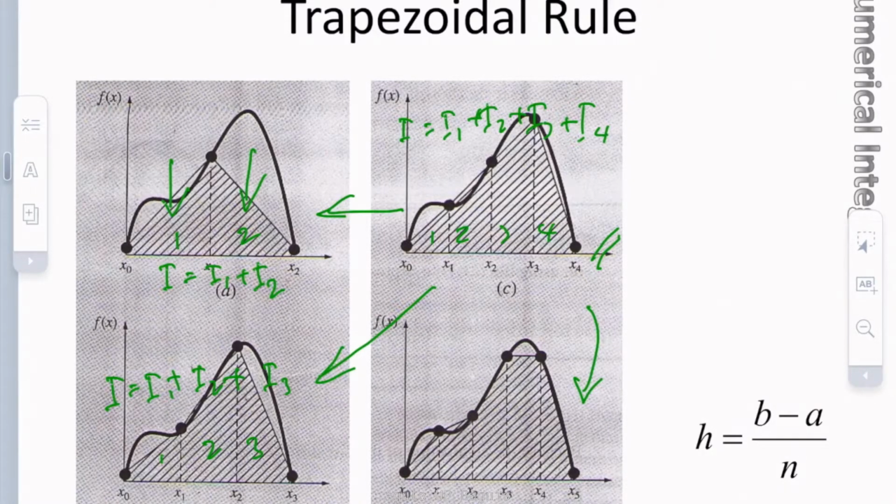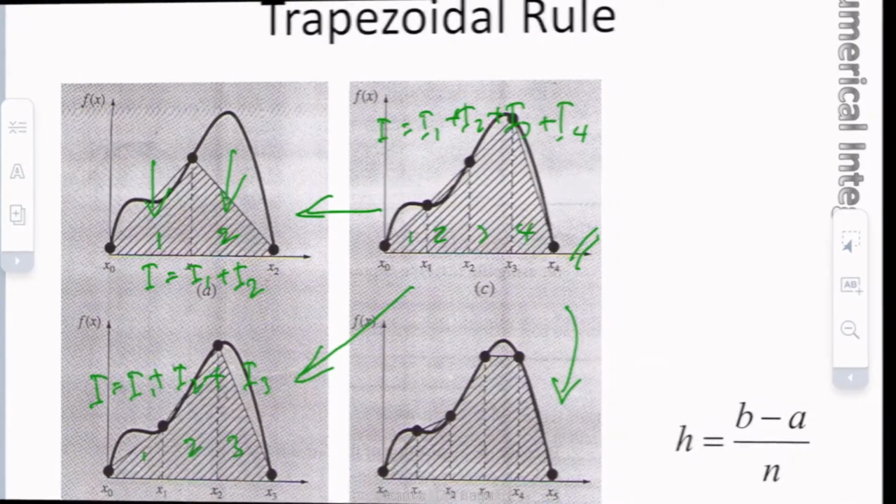The areas of the individual segments have been added to yield the integral for the entire interval. These resulting equations are called multiple application or composite integration formulas. There are n plus 1 equally spaced base points, and consequently there are n segments of equal width.